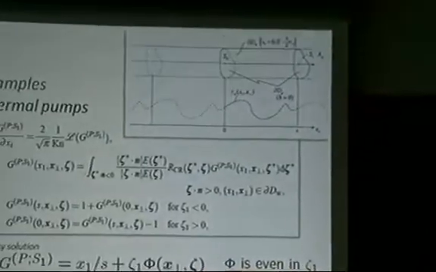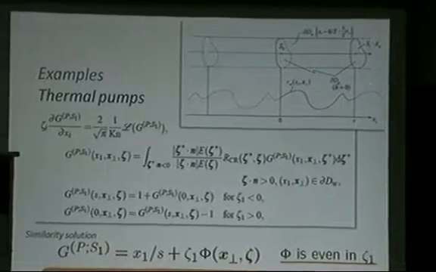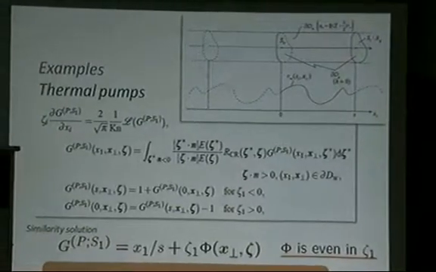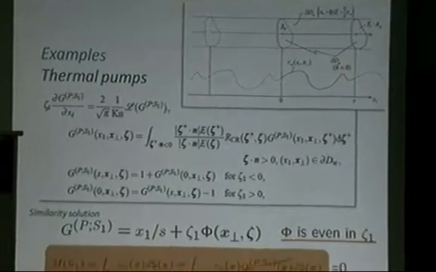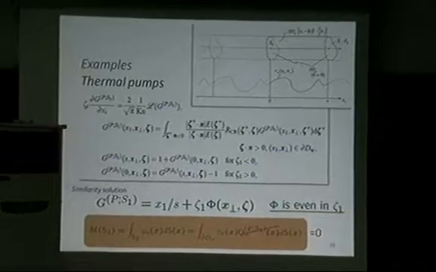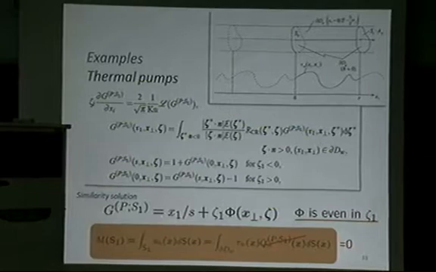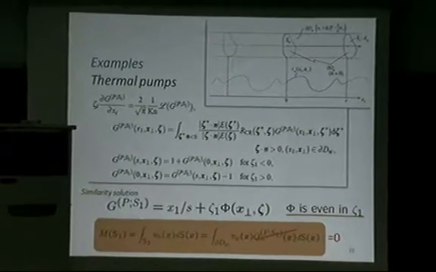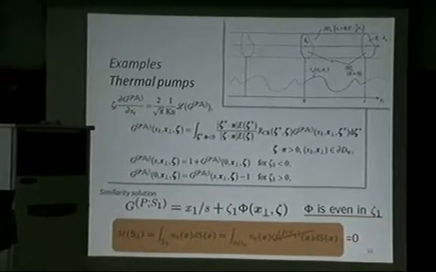Zeta 1 is the axial direction. So this guy is even in zeta 1, and this guy is even in zeta n. So by integration, this doesn't give any contribution.